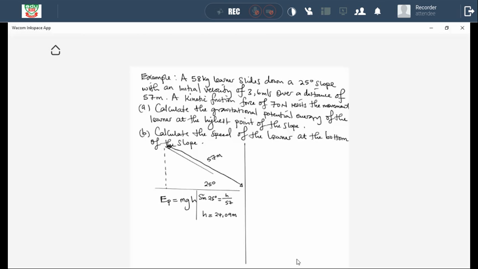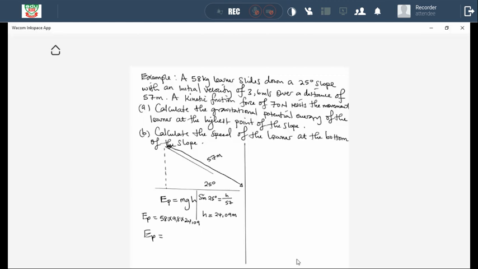So our EP is going to be much easier now. What is the mass of the learner? It's 58. Gravitational acceleration is 9,8, and our height is 24,09. You need a calculator to verify that: 58 times 9,8 times 24,09.